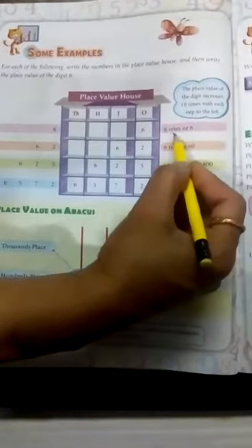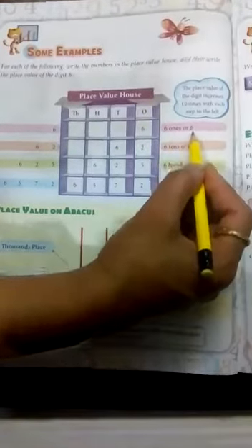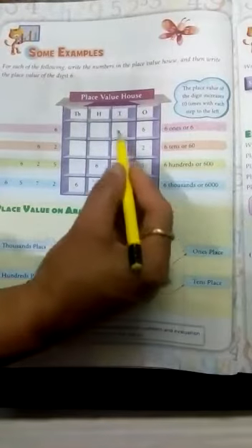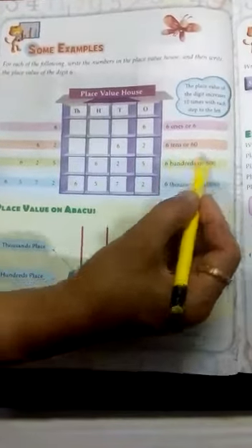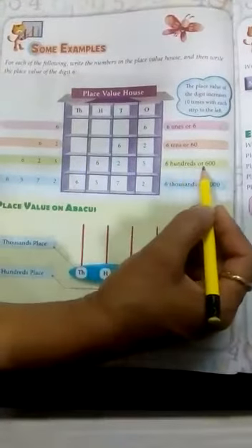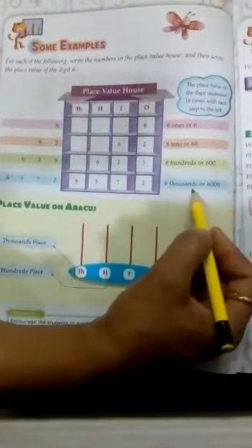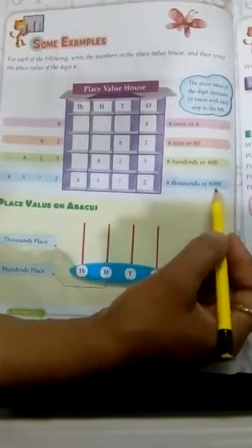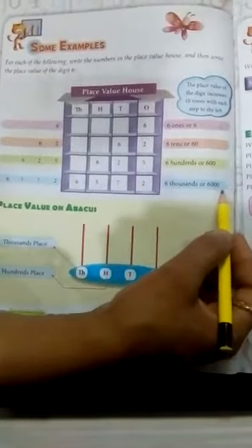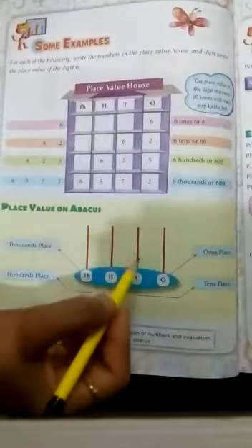If 6 is at the ones place, it is 6 ones or 6. 6 at tens is 6 tens or 60. 6 at 100 is 600. Same here, 6 at 1000 is 6000.